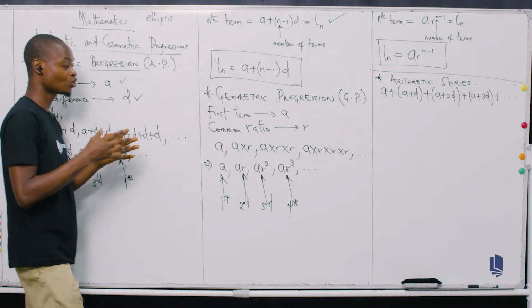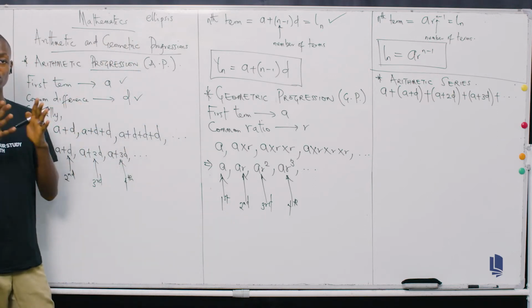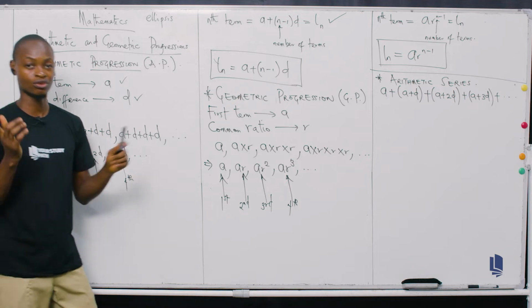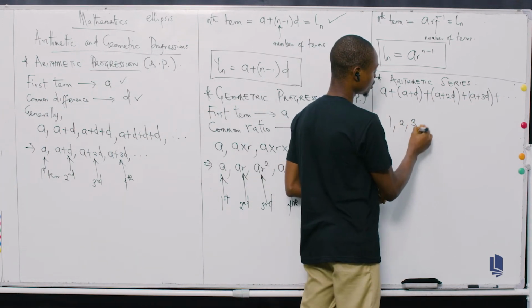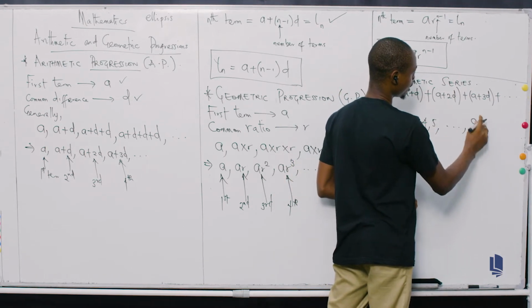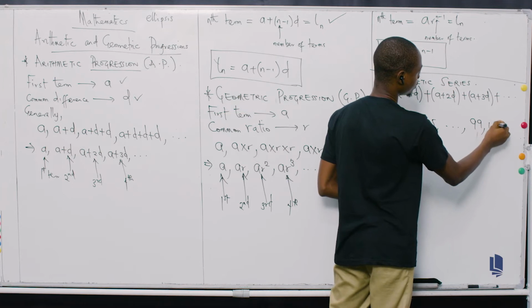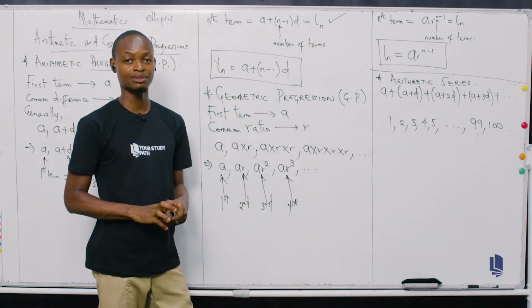So when you have so many terms after a point and you want to shorten it, then you can always use the ellipses. For instance, let's say I want to write 1 to 100 and I write 1, 2, 3, 4, 5, and I decide to use the ellipsis and go 99, 100. This is a very, very important use of the ellipsis as well.